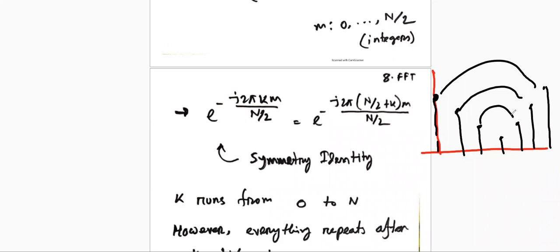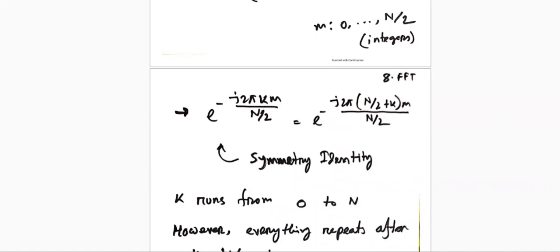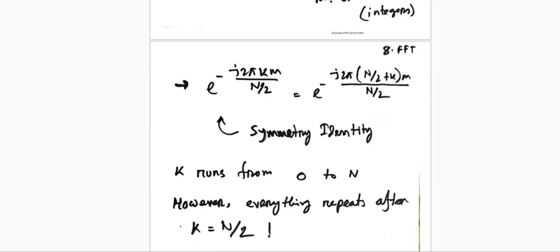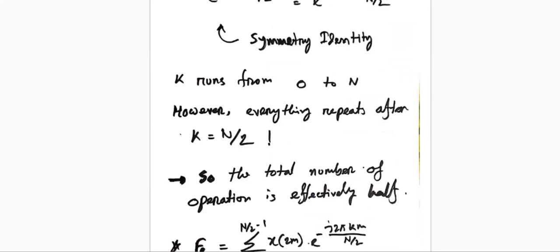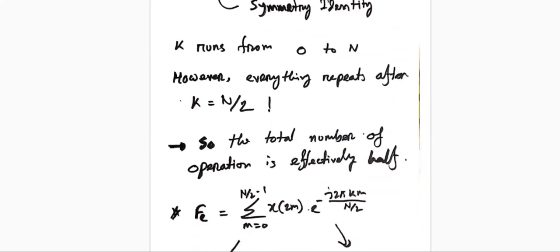As we know, after n by 2 in k we have the repetition. What is the period here? We found the period is n by 2 for this kind of function. Now we can say that k runs from 0 to n, however everything repeats after k equals n by 2.